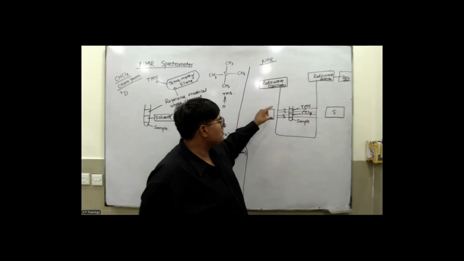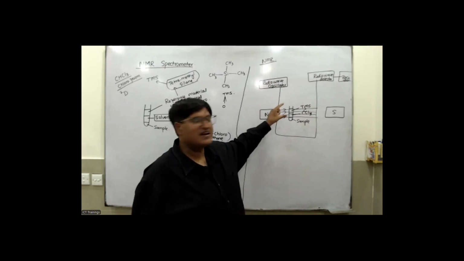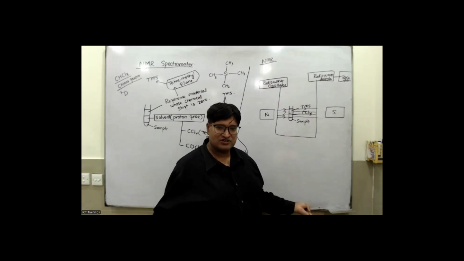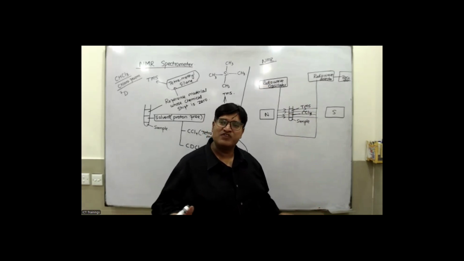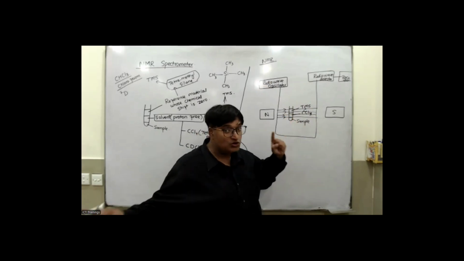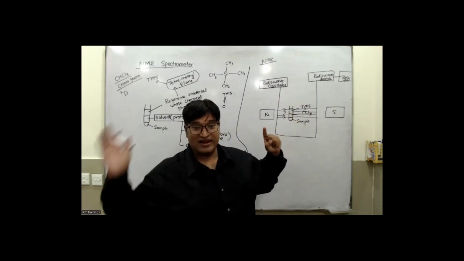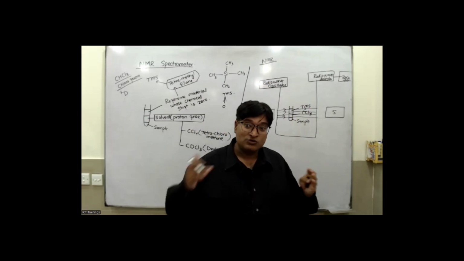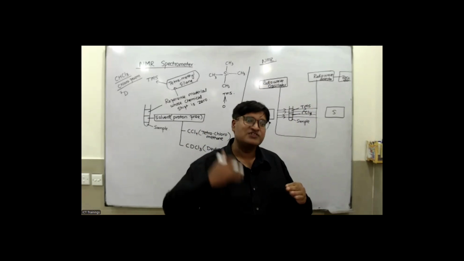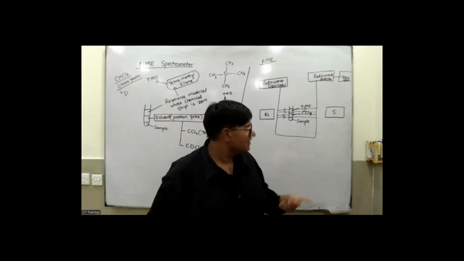But if the radio wave oscillator sends 100 radio waves and the detector detects only 80 radio waves, it means the 20 radio waves are absorbed up here. And I told you in the first lecture of the NMR, where they are absorbed, the spin states jump from low energy to high energy level. Did you get it?